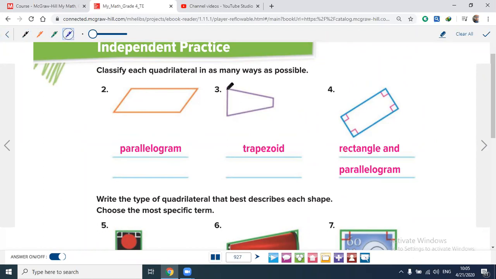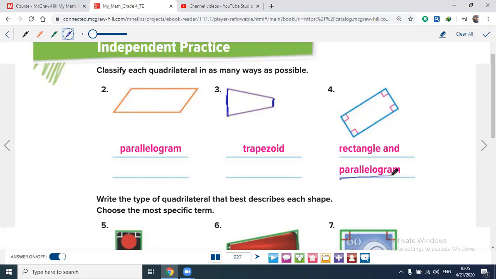Only this side is parallel to this side, and the other sides are not parallel. So this is only a trapezoid. Here, each of the sides are parallel and congruent with the same side length, so it is a parallelogram. In rectangles, I can name it a parallelogram.